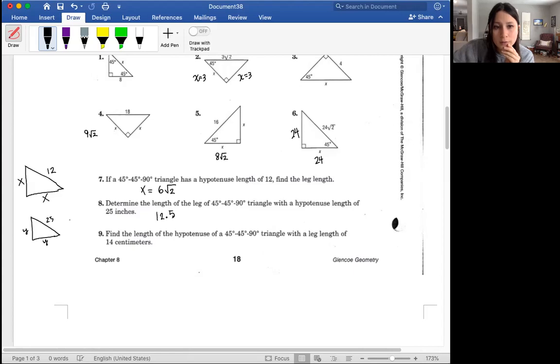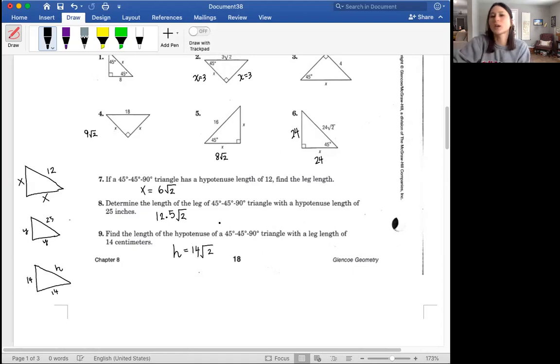So it's 12.5 times square root of 2. And then number 9, it says you've got a leg where the legs are 14 centimeters. Find the hypotenuse. Well, the hypotenuse would just be x rad 2. So whatever the leg is times square root of 2. 14 times square root of 2.